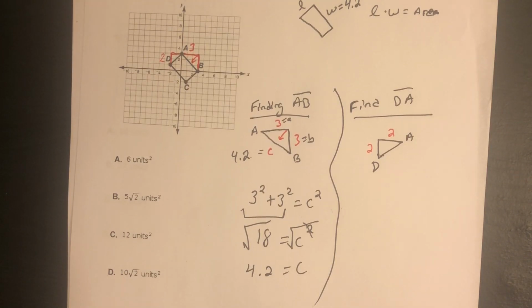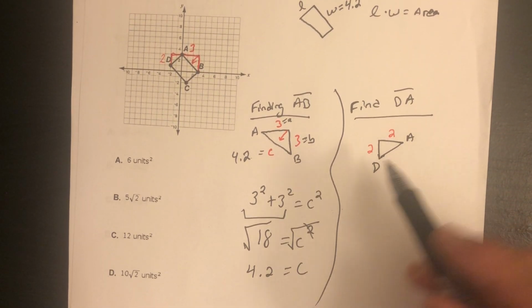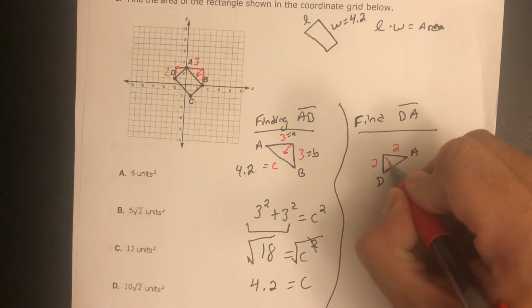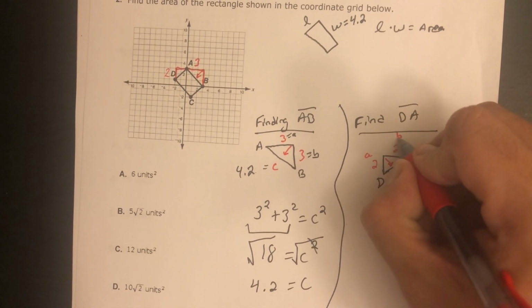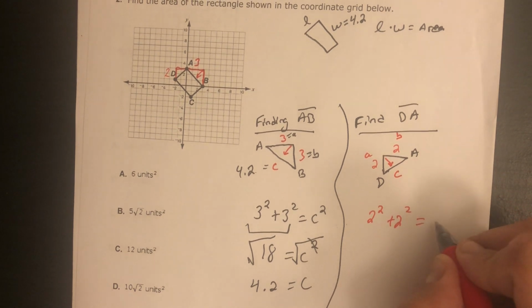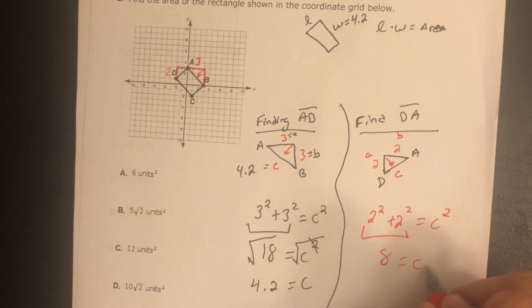Now that I have my triangle, I can go ahead and find the distance of DA, which is basically my length. Across from the 90-degree angle is your letter C. The other two sides are A and B. So 2 squared plus 2 squared equals C squared. So 4 plus 4 is 8.